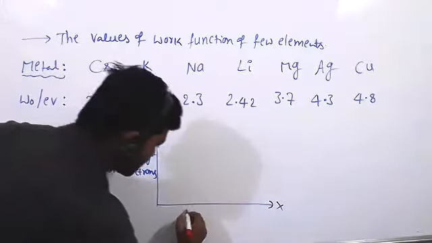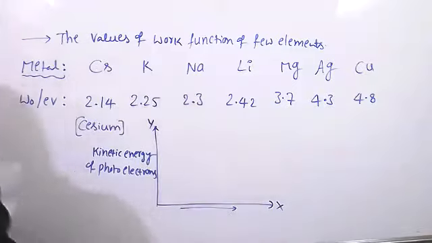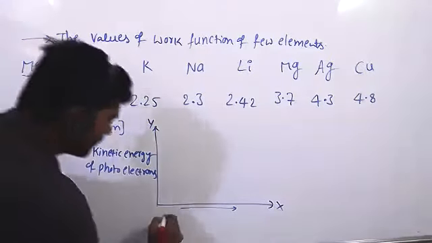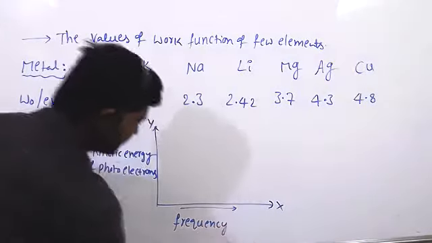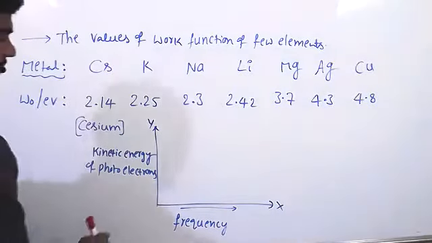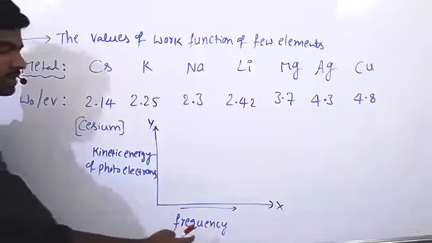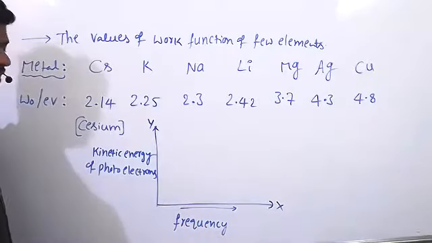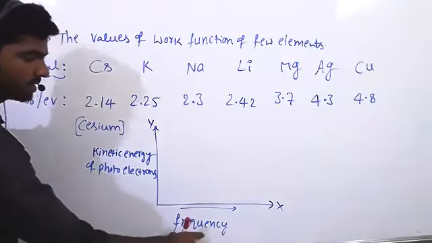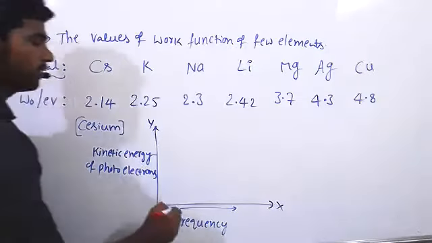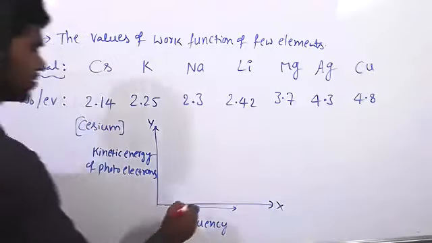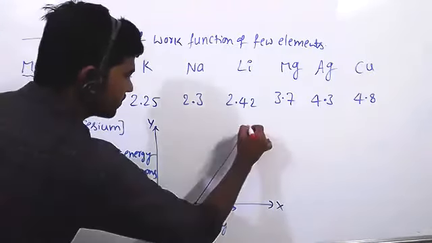On the x-axis, frequency. Already I told you one point: kinetic energy of photoelectrons is directly proportional to frequency. If frequency of initial radiation is higher, obviously kinetic energy of photoelectrons is also bigger, and that's what you can write like this graph.